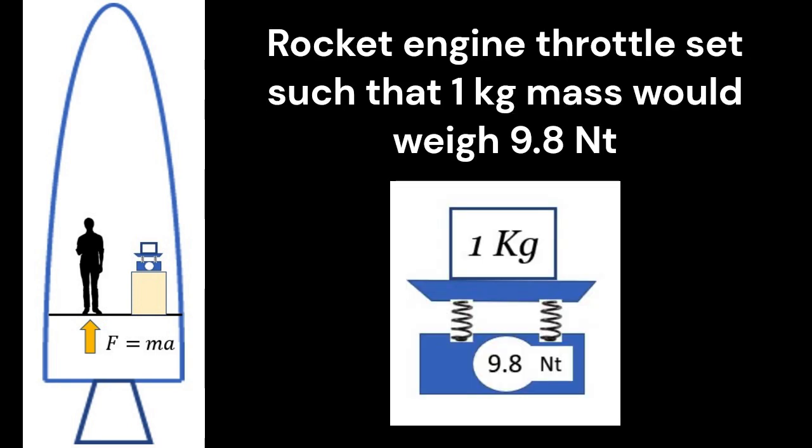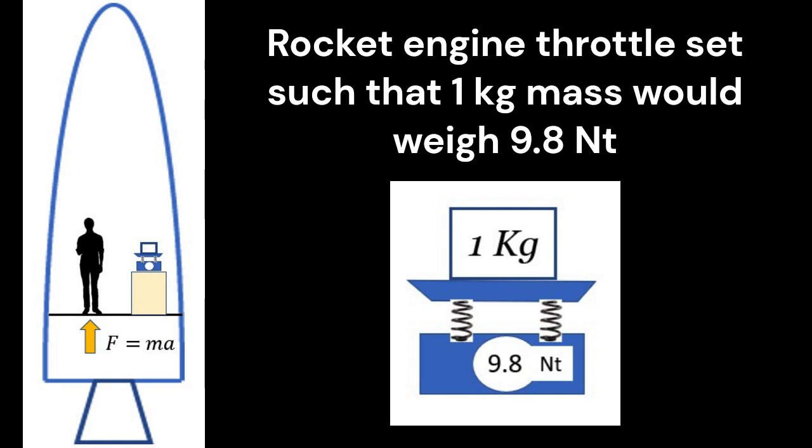I imagine that to control this, you'd set up the throttle of your rocket engine such that when you put a 1 kilogram mass on top of the scale, it would have to be a spring scale, not a balance scale, it reads 9.8 newtons.